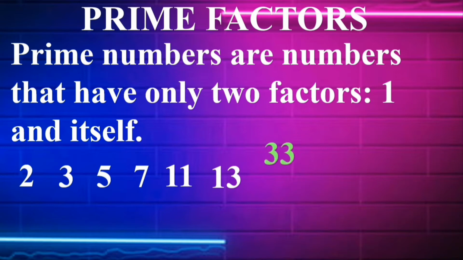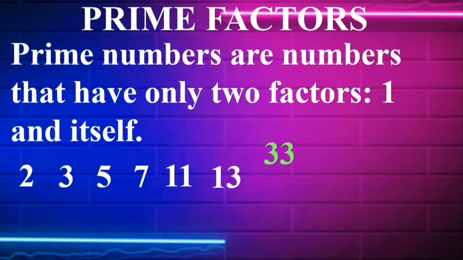Now, if you're asked to find the prime factors of 33, what you want to do is begin from the first prime number, which is 2, and check if 2 can divide 33 with no remainder. Can 2 divide 33 with no remainder? Of course, no. Next, we go to the next prime number, which is 3.